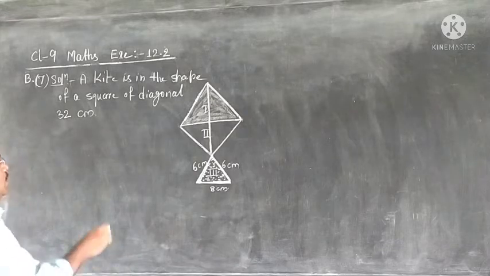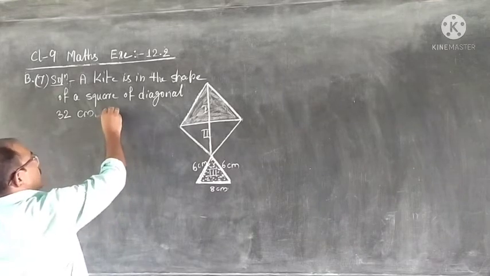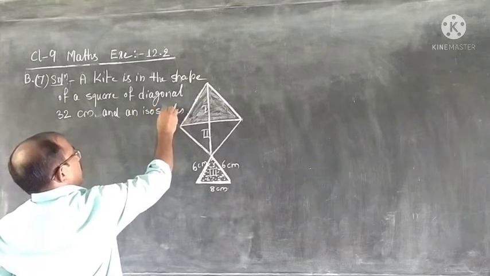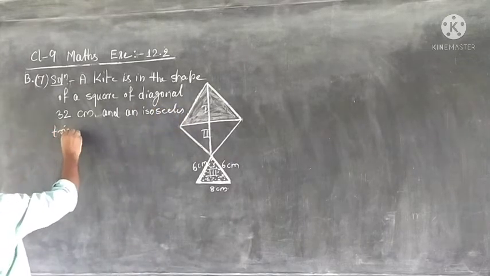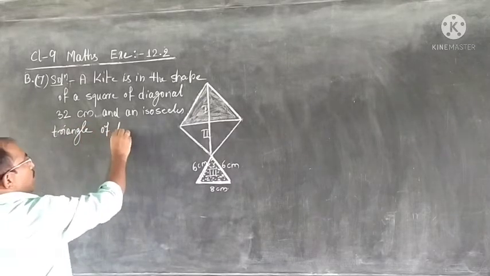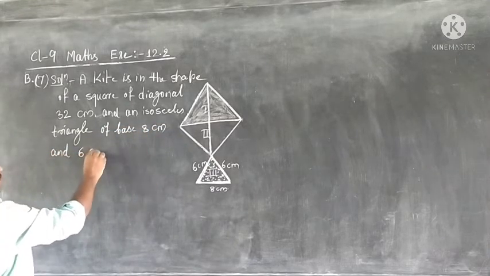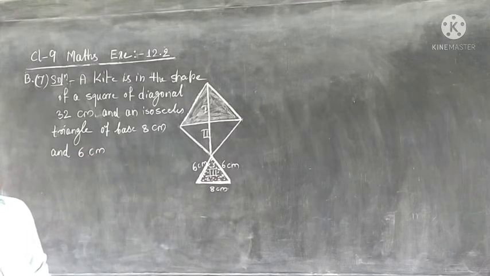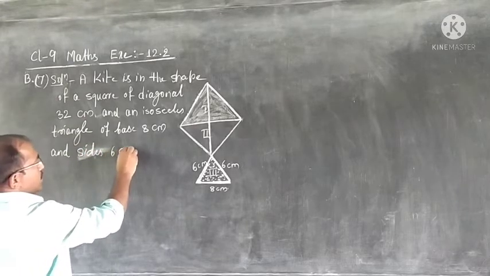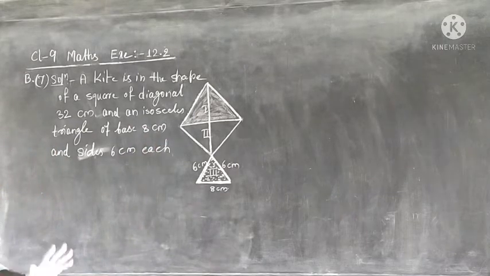Anyway, let us complete this condition first. An isosceles triangle of base 8 centimeter and side 6 centimeter each. Okay, this is the condition.